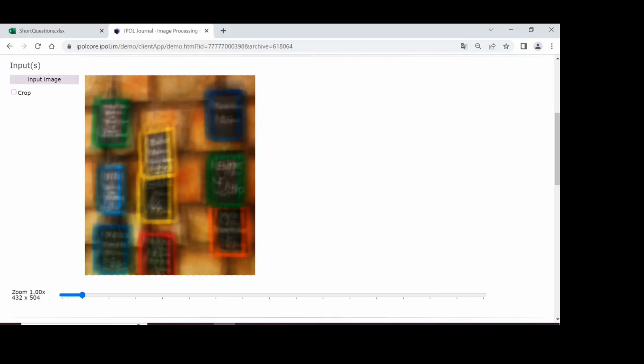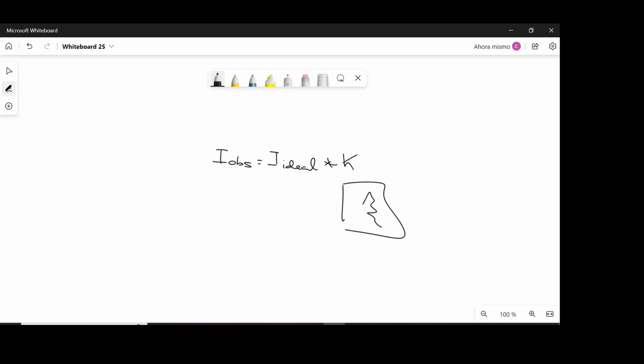The problem is that we don't know what the kernel is, and also we will expand this and add noise. So we will add some noise signal. So the idea is, can I have an estimate? This hat here is an estimate rather than the fully true image. That is our typical thing.